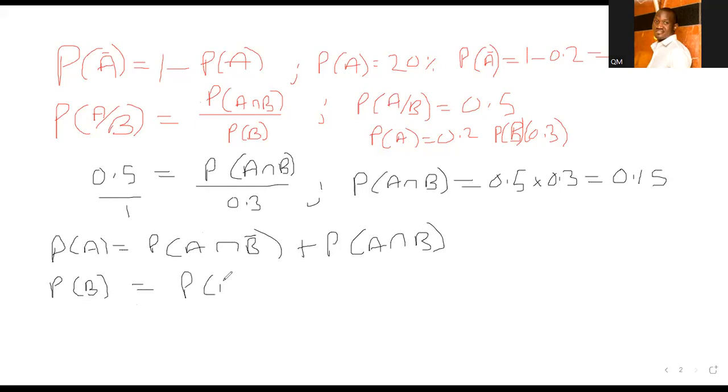It's A intersection B plus A intersection B, but this time the complement will be on which letter? If B is the subject, the complement will be on the other letter, A. If A was the subject, the complement will be on the other letter, which is B. Get that idea?